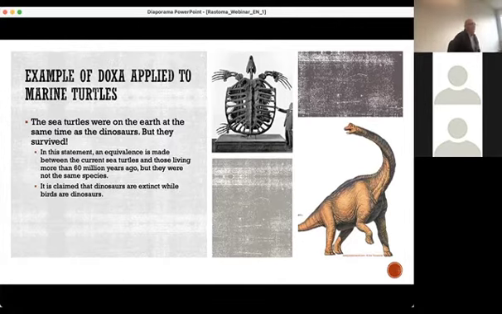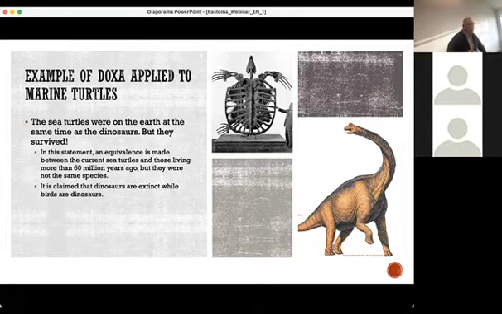An example of DOXA applied to marine turtles. When you say that the sea turtles were on the earth at the same time as the dinosaurs, but they survived. This is something that you can read in publications. But this is something that is so imprecise that you can do nothing with such a definition.